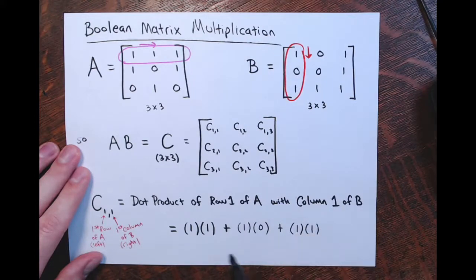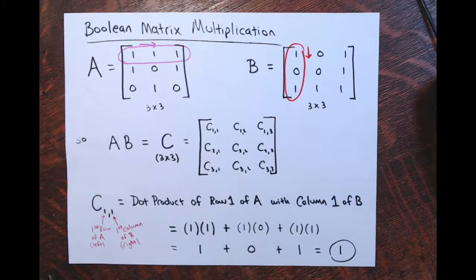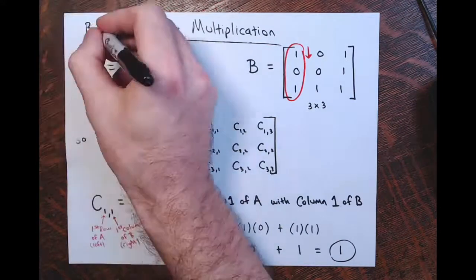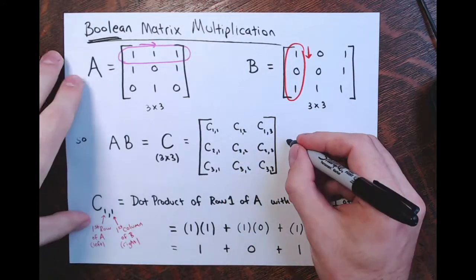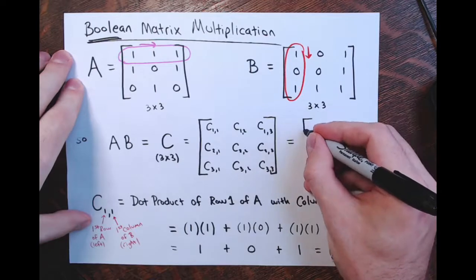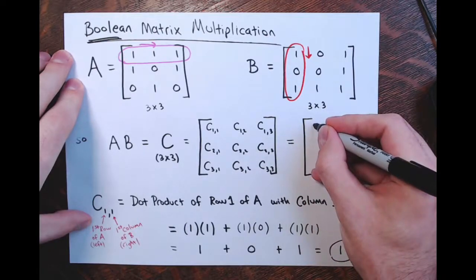Now, do not forget, this is Boolean arithmetic we're doing. 1 times 1 was 1. 1 times 0 was 0. 1 times 1 was 1. 1 plus 0 was 1. And 1 plus 1 was 1. Remember, it was Boolean arithmetic, just ones and zeros. So for their product, first row, first column entry is 1.